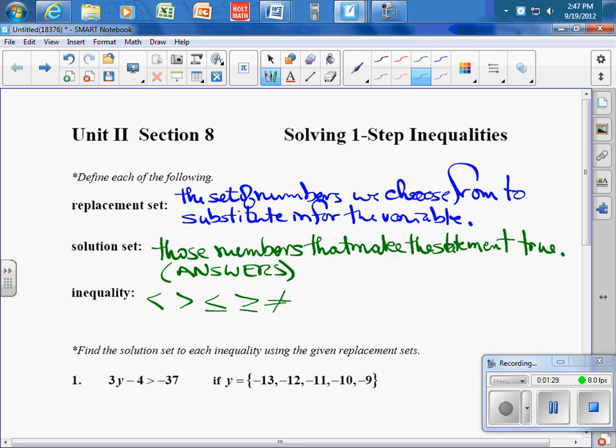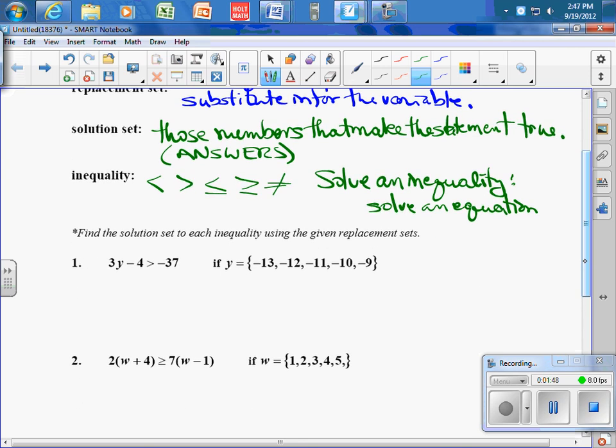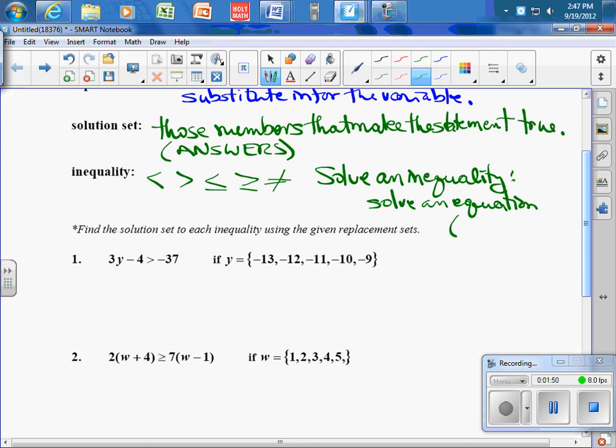To solve an inequality, follow the same steps as solving an equation. It's the exact same thing. I'm going to follow those same steps. Now, there is one exception, and I'll talk about that in just a few minutes.